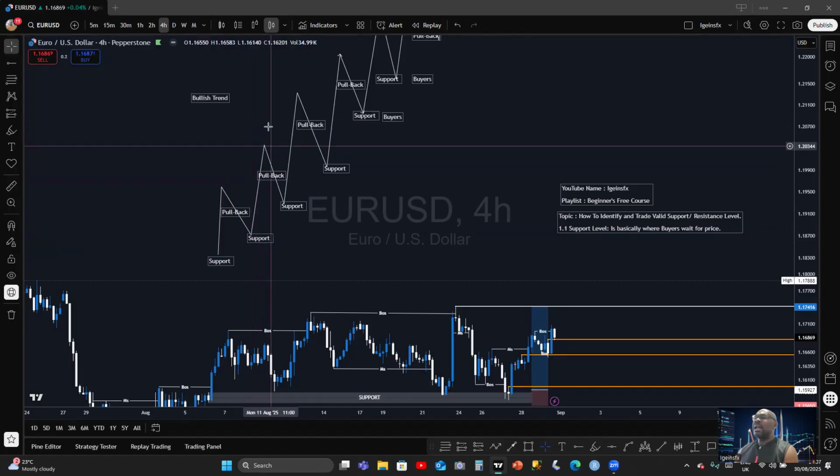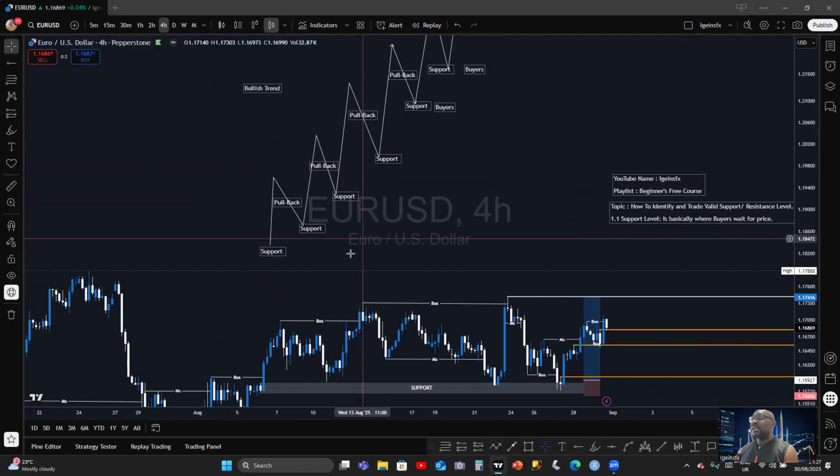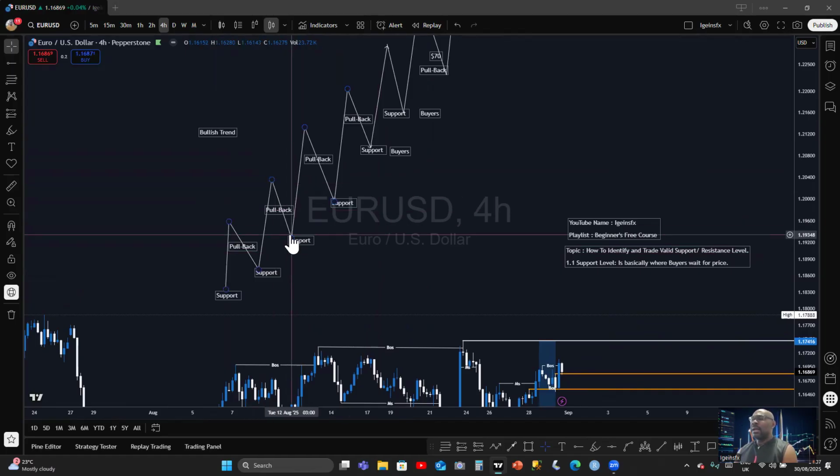Once another high is confirmed after the break of structure, once a structure is broken, expect a pullback. One of the signs for you to know that a pullback is about to start is once a high is taken. Now there's a pullback and you start pushing the price to the upside.